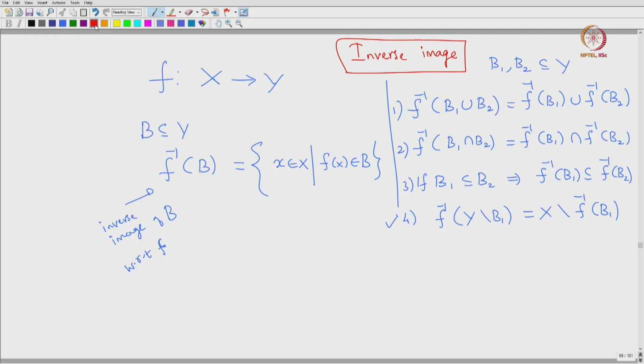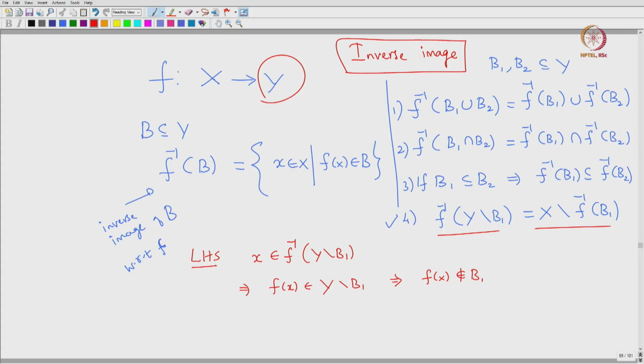So what do we need to prove? We need to prove that these two sets are equal. Let us start with the left hand side. You take x inside f inverse of Y difference B1, and that would imply that f of x is an element of Y difference B1. So that means f of x is not an element of B1. Anyway, the function is defined from X to Y, so I don't need to say that f of x is indeed an element of Y, that is implicitly true.